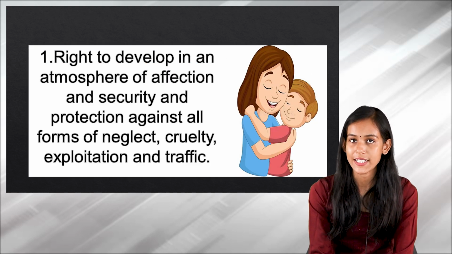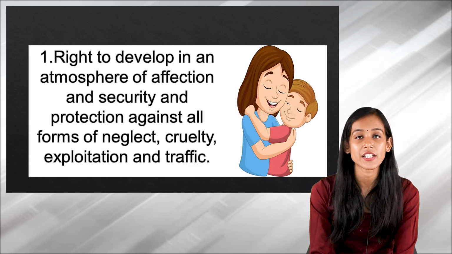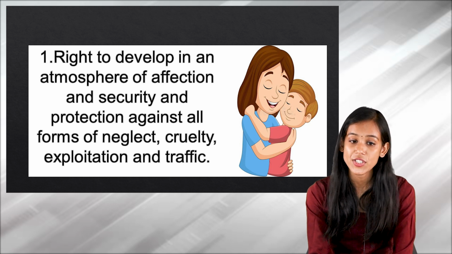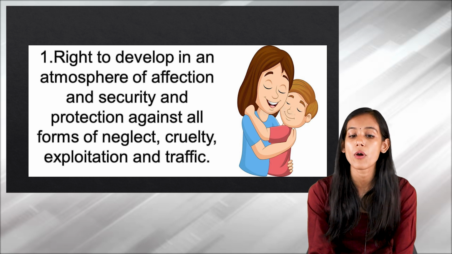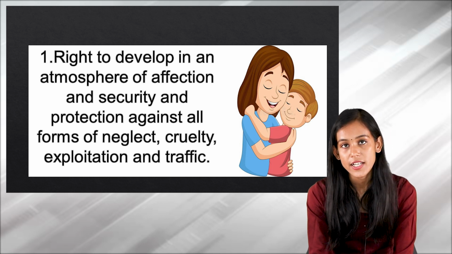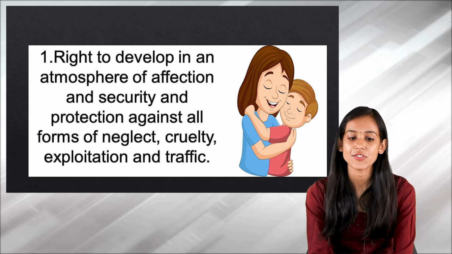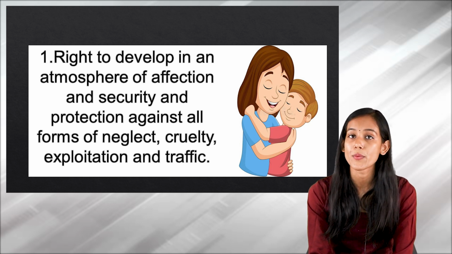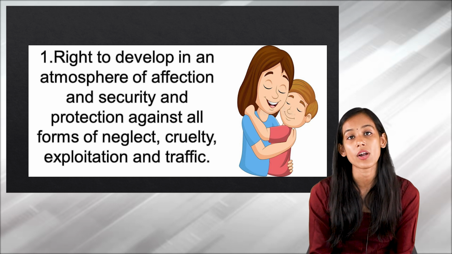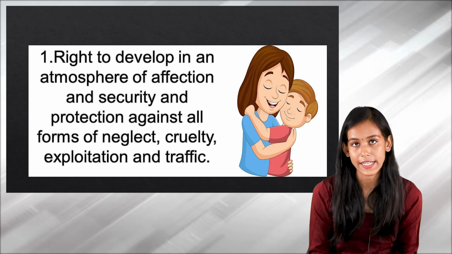The first right is the right to develop in an atmosphere of affection and security, and protection against all forms of neglect, cruelty, exploitation, and traffic. Every child has a right to lead a well protected and secure life away from neglect.